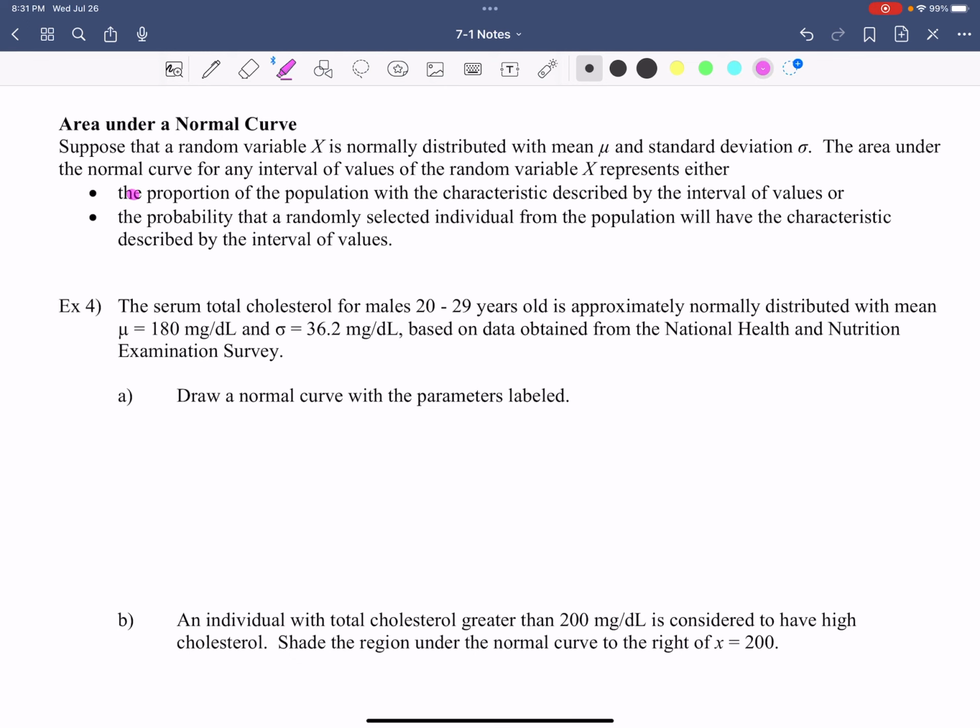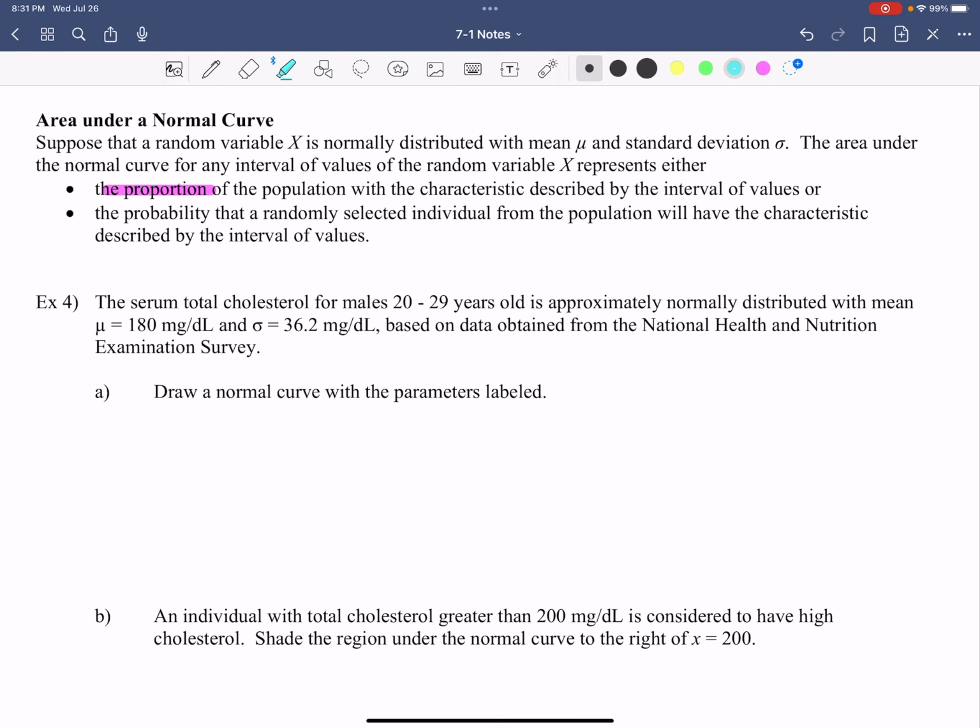I can talk about a proportion or a probability, and both of those pieces of information represent the area under the curve. So anytime you are asked to draw the area under the curve, that is what you're talking about. You can get the proportion from that, and you can get the probability that it's going to happen.